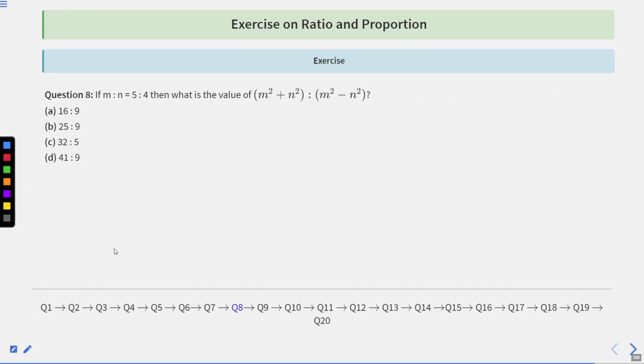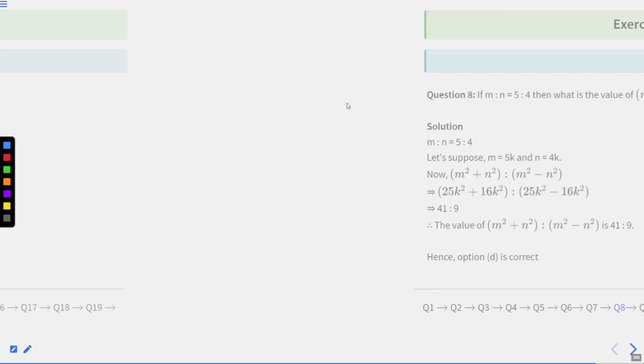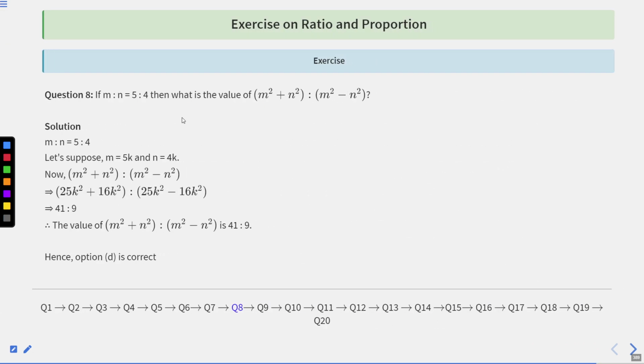Now, moving to question number 8. If m is to n equal to 5 is to 4, then what is the value of m squared plus n squared is to m squared minus n squared? The solution: let us suppose m is equal to 5k and n is equal to 4k.